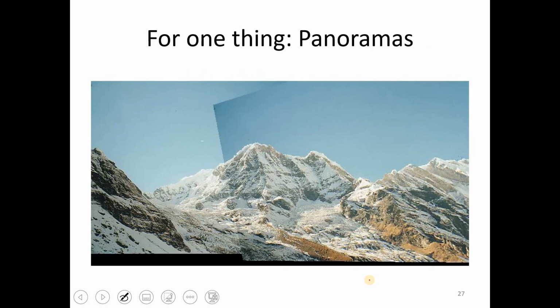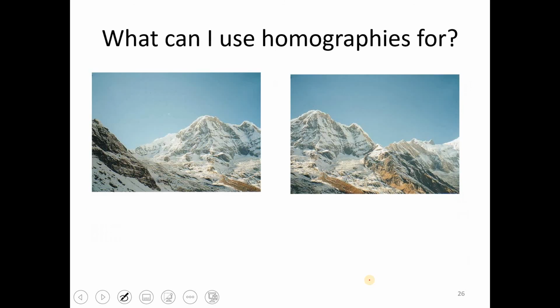So homography is used. One very common example of this is panoramas. Panorama, if you remember, is the idea that you want to take a photo of a scene over a wider angle range, more than the natural angle.